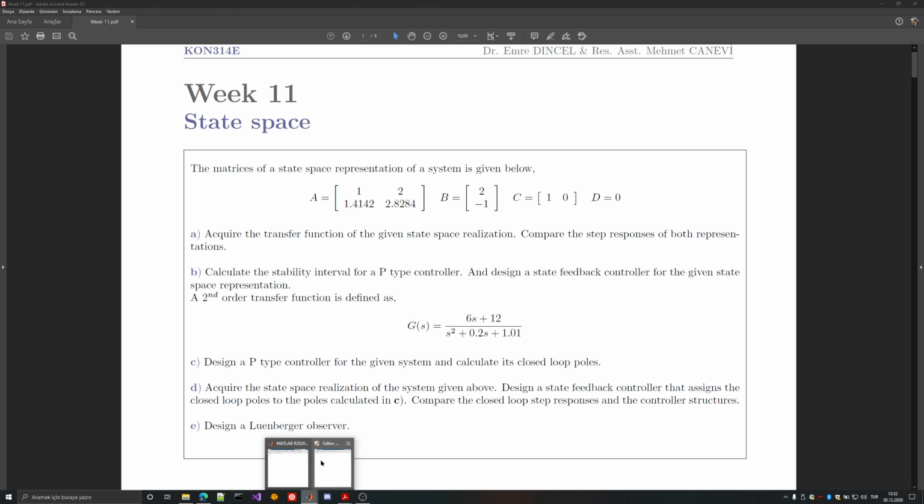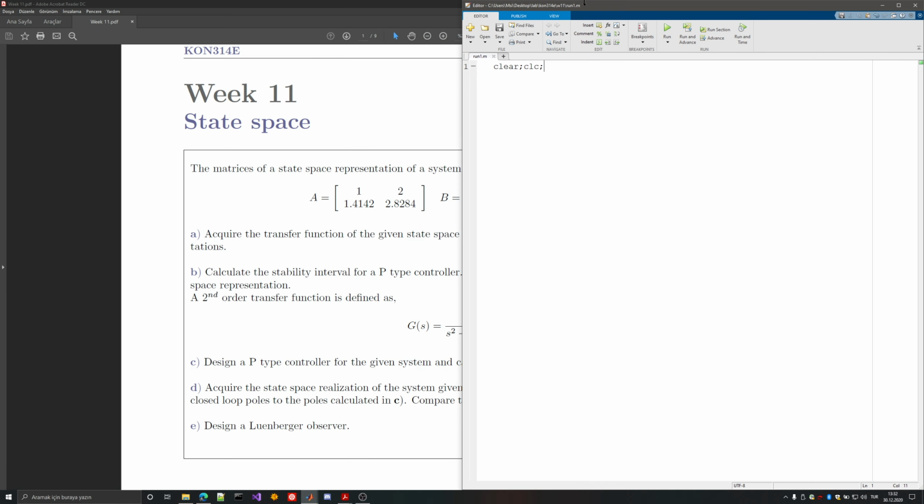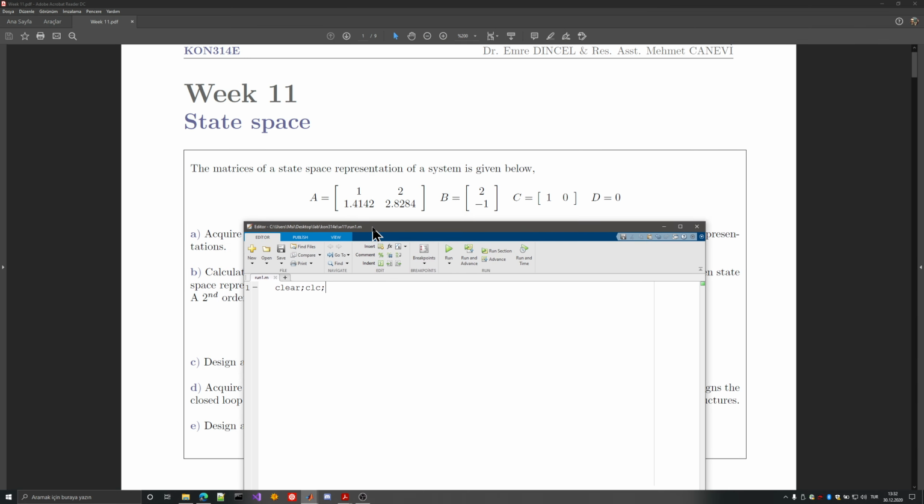Okay, let's switch to MATLAB, and let's first of all define all our given matrices. So we have A, and basically this is 1.4142, and this is 2.8284.